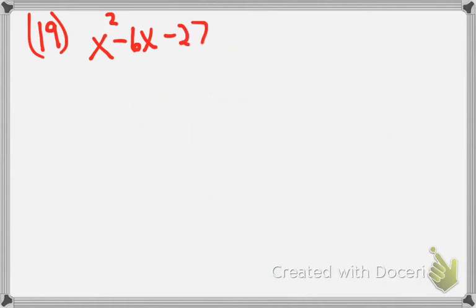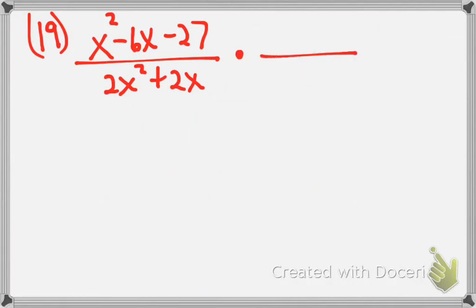Number 19. This is also a division problem. So the first thing I'm going to do is keep, change, flip. I'm going to keep the first fraction, change this to multiplication, and flip the second fraction.